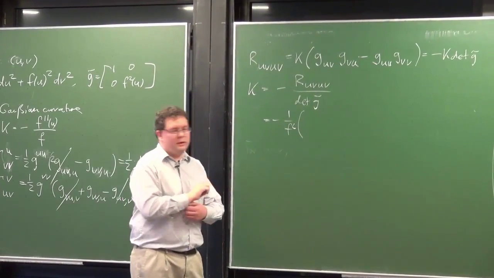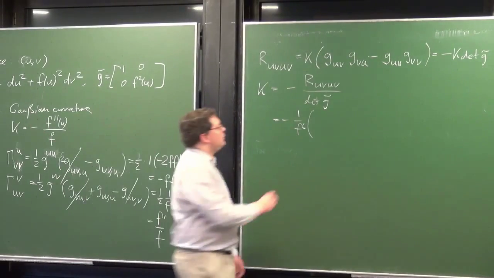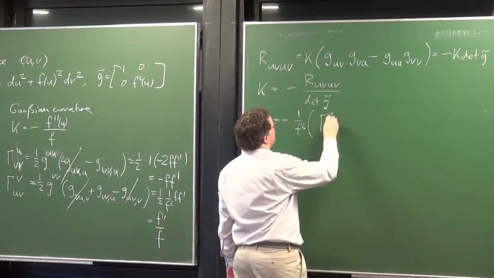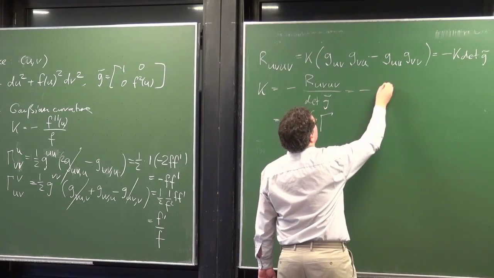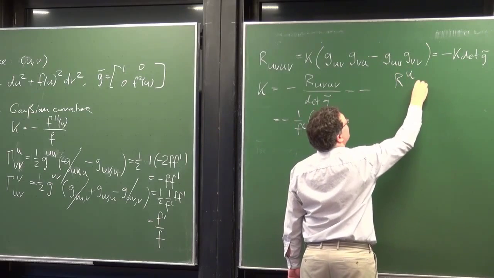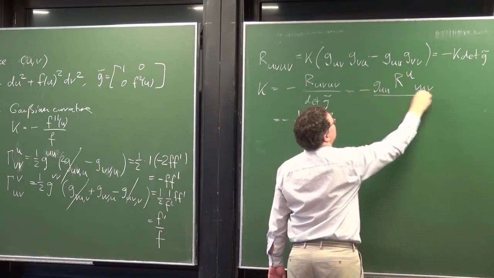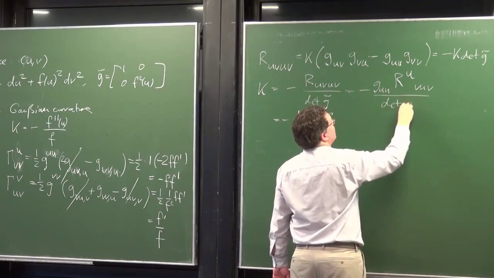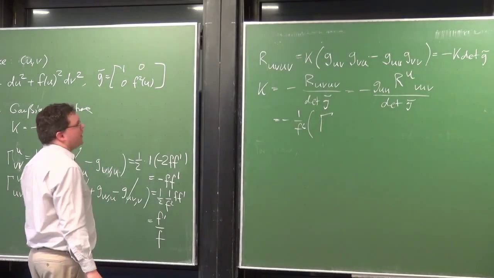Now we have to write it out. Now again, that depends on the conventions you choose. I've chosen this convention. If you do this, you get gamma. Okay, actually, I have given you this component. Right, so I have to pull down one of the indices. Easily done, it's a diagonal metric. G_UU is 1 anyway, right?